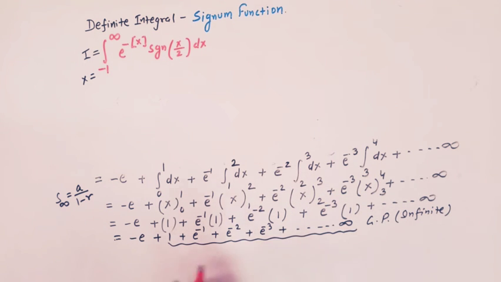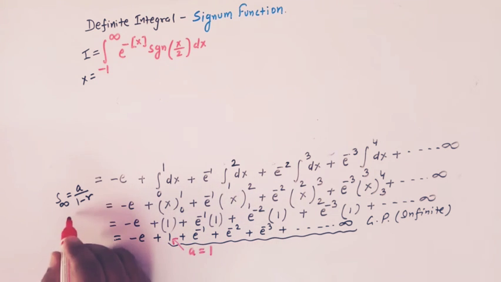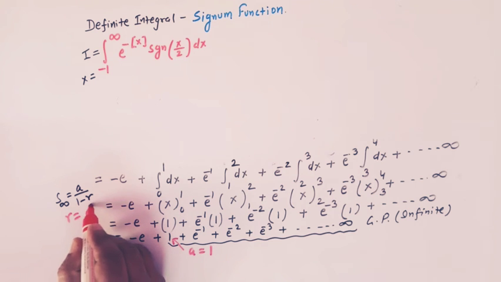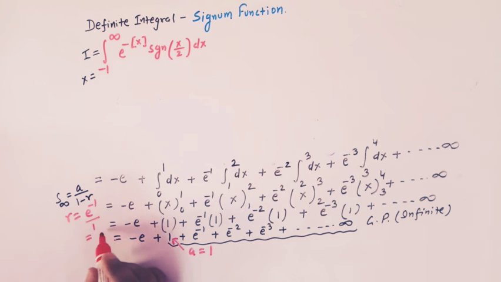So now here this is the infinite geometric progression, and the first term is 1 here, because the infinite geometric progression starts with 1, and the common ratio, that is r, is given by second term divided by first term, that is e raised to minus 1 over 1, right? And that is equal to 1 over e, right?